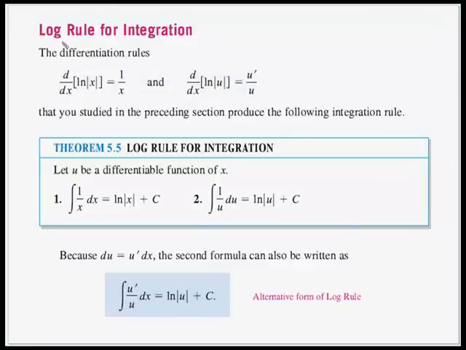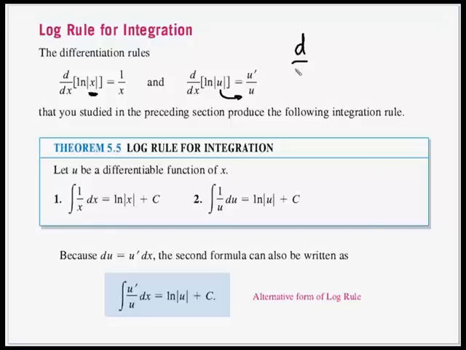Now let's think back to the log rule for differentiation. The derivative of the natural log of x was 1 over x. The derivative of the natural log of u, and remember u is some inner function, is: our denominator is u, this function, and its numerator is u prime.